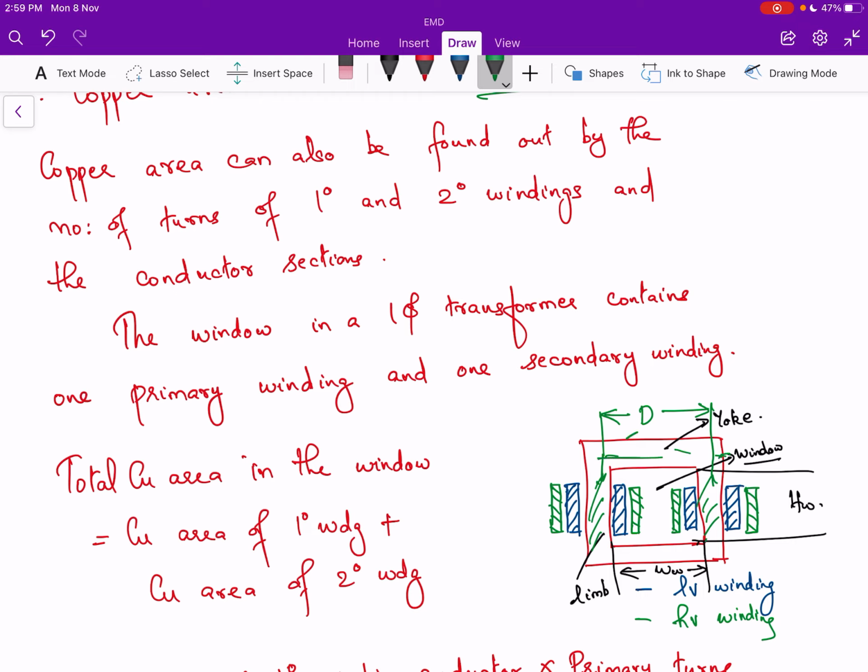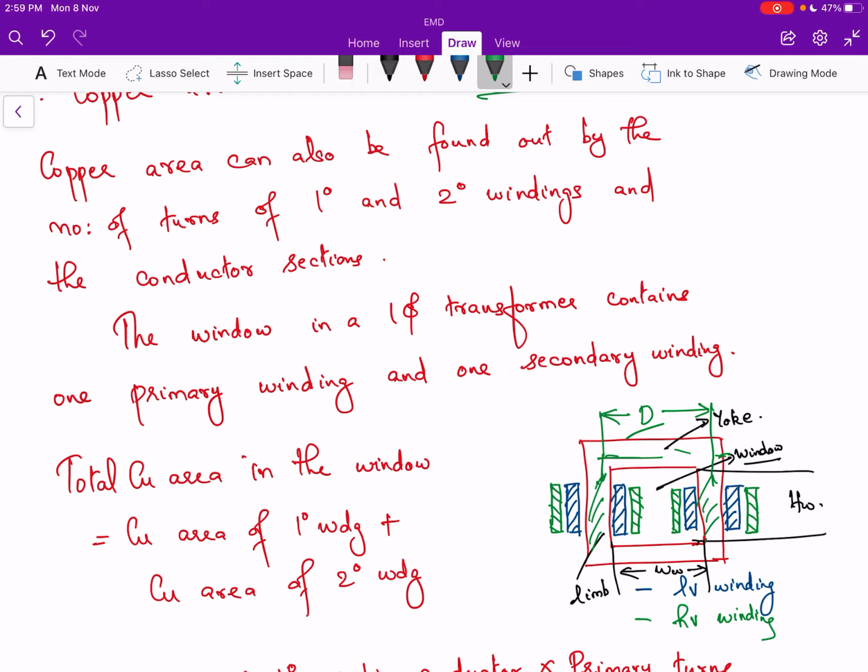So this is the core and yoke of the transformer, and around the core the winding surrounds a considerable portion of the core, or the winding is wound around the core in the case of a core type transformer.